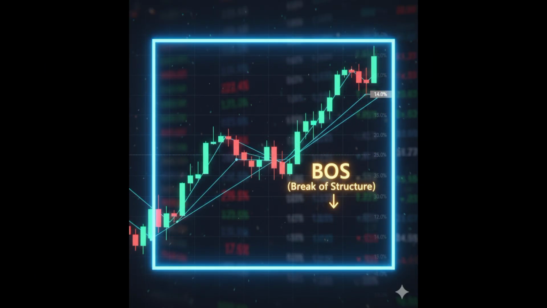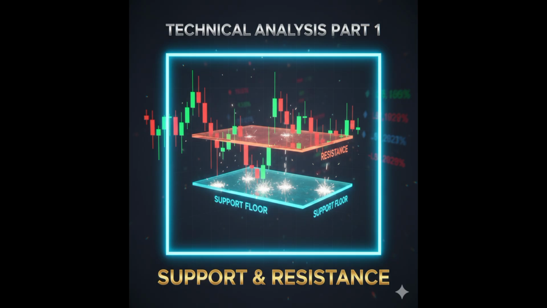Section 3. Support and Resistance, the Floors and Ceilings. If market structure is the blueprint, support and resistance are the physical floors and ceilings. These aren't just random lines, they are zones of intense psychological pressure. Support is your floor. It's where price has historically struggled to fall below because buyers see it as cheap and flood the market. Resistance is your ceiling.